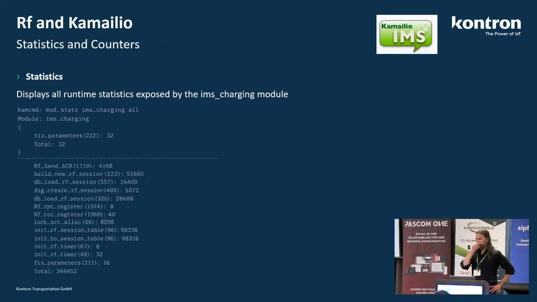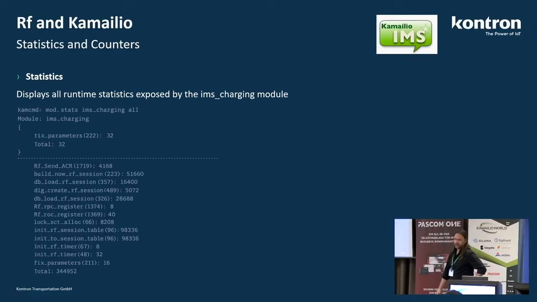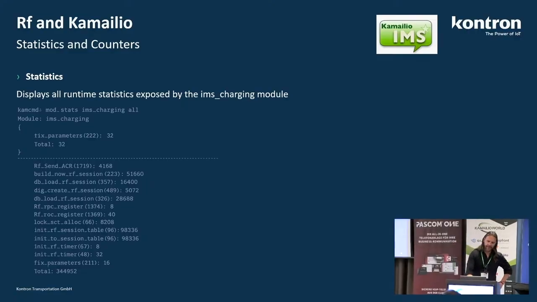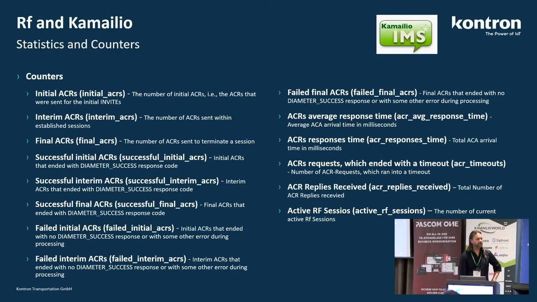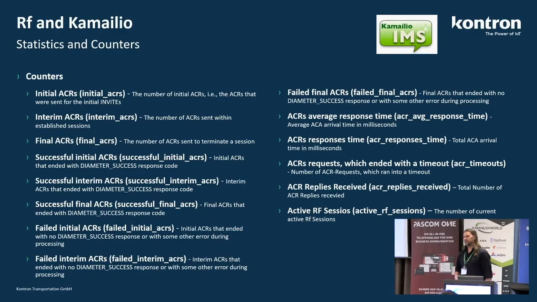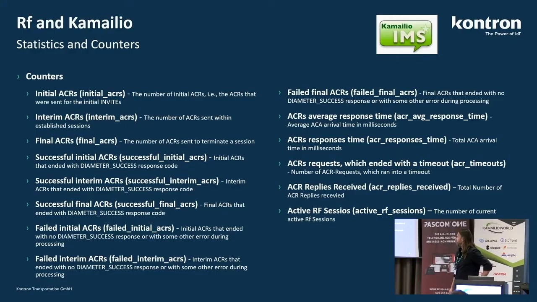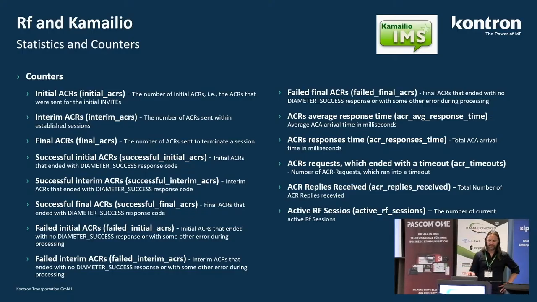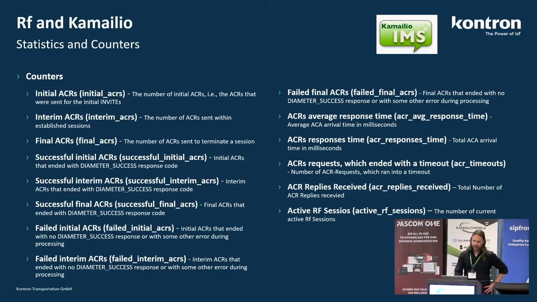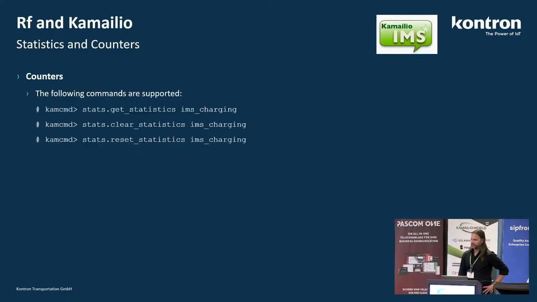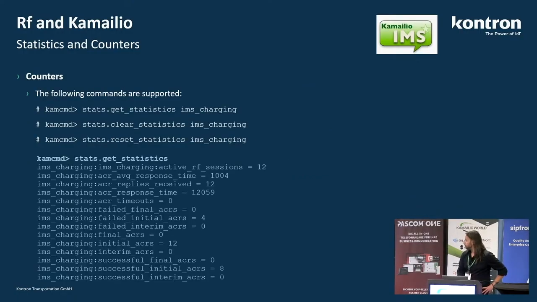Then displays, counters and statistics. Of course, we have some runtime statistics which are exposed by the IMS charging module, and we implemented specific counters for our needs, which count initial ACRs, interim ACRs, final ACRs, successful, unsuccessful, all that kind of things. If there are failures with timeouts, these counters are implemented as well, and you can see them here.